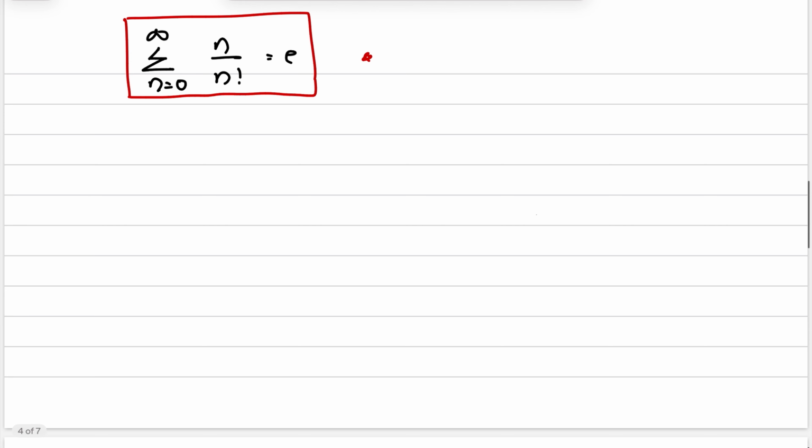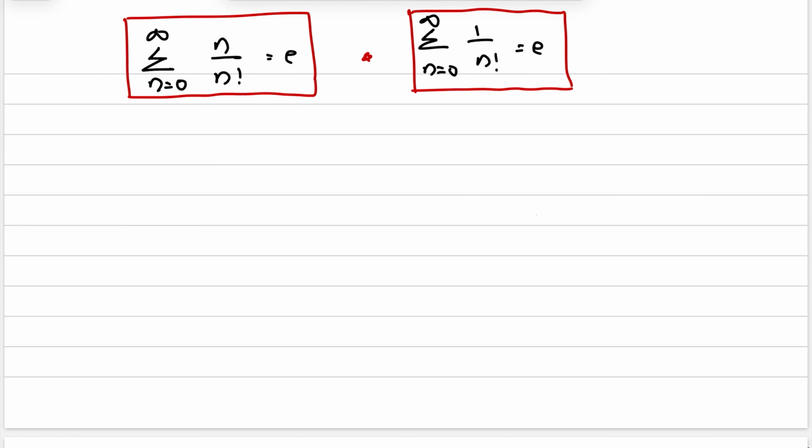And also another value what we have got, sigma n is equal to 0 to infinity 1 by factorial n is also equal to E. These two values we have got in the equation. Now, what we are supposed to find out is n square by factorial n. N square by factorial n will be equal to (n square minus n plus n) by factorial n.